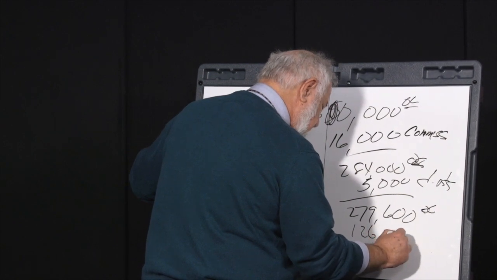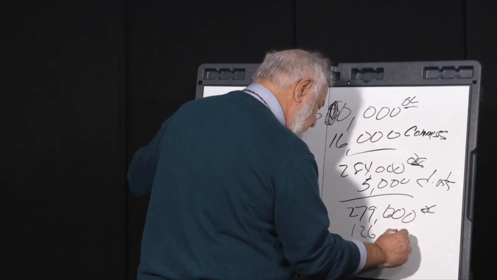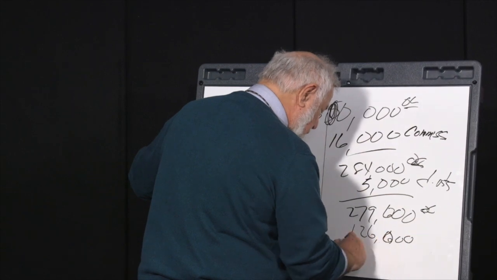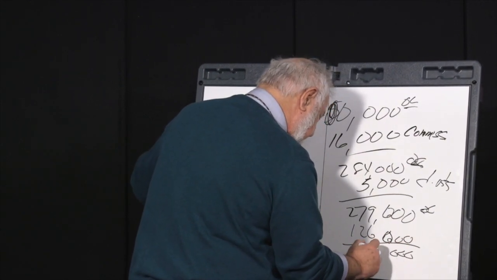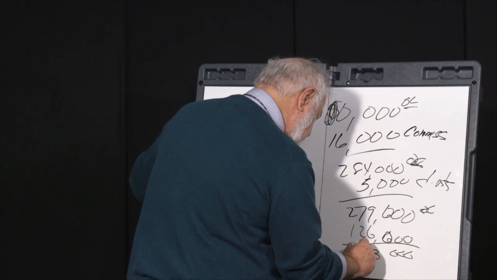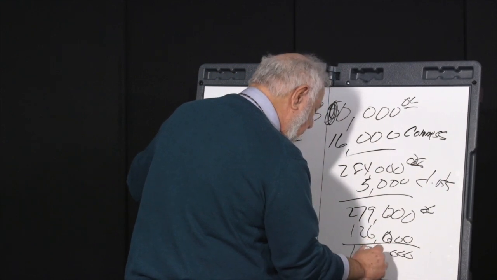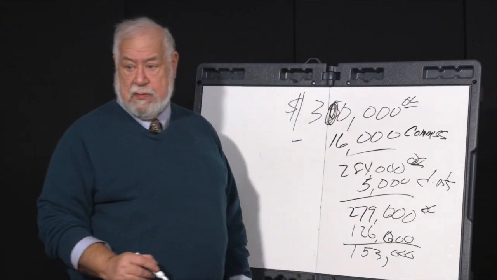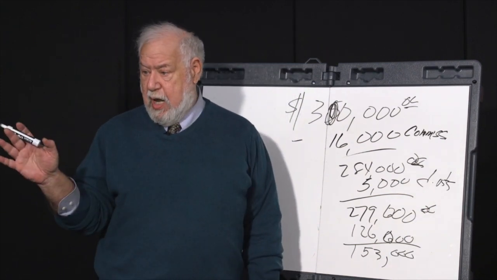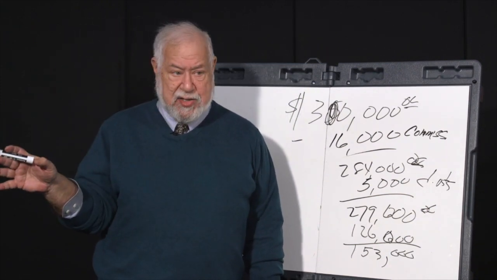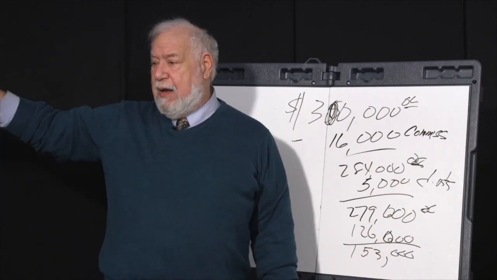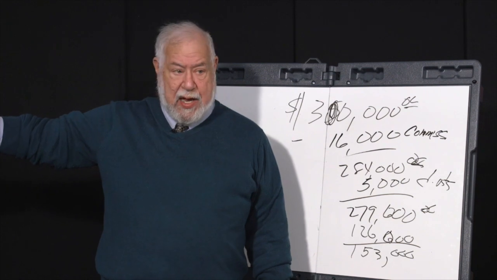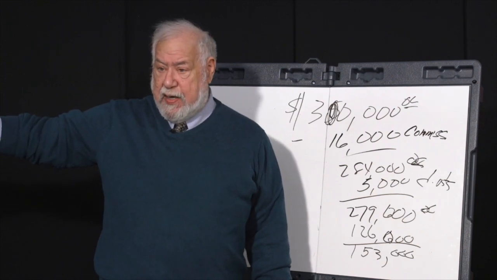Let's just make it 126 round. We're going to have a net check to this couple for $153,000. Everybody see that? That's what they would net out of this house if they sold it tomorrow. Whether or not they had another home to buy, if they sold the house, this is pretty close to what they net out of this deal.